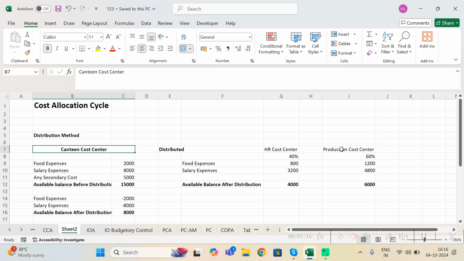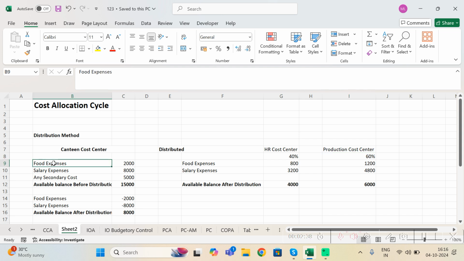But in this particular example, I am going to use the percentage method. So 40% of the canteen cost center expenses will go to HR, and 60% will go to the production cost center.